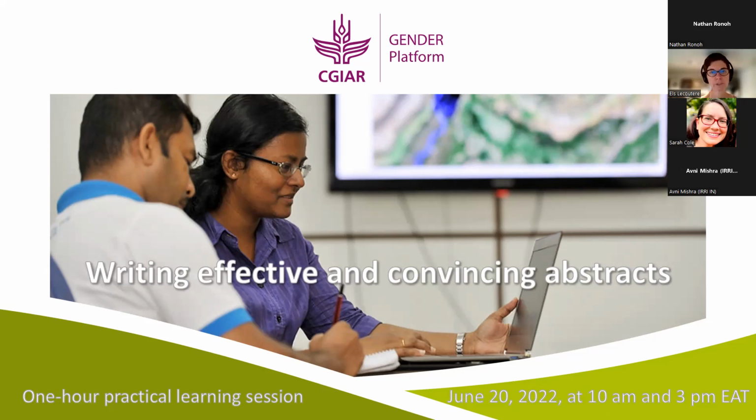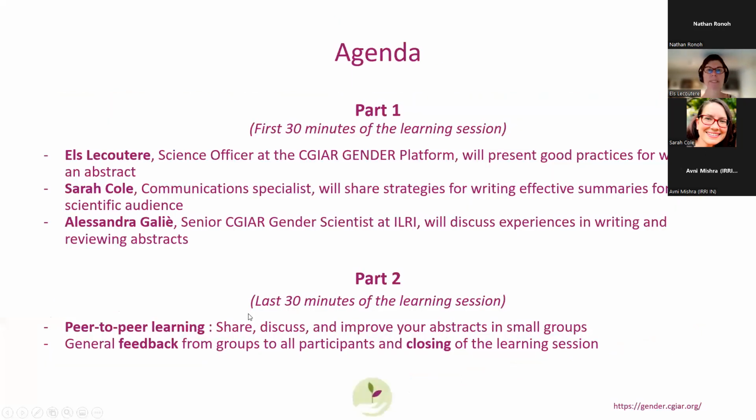So what we're going to do in the session: our agenda for today, in the first part, where we'll use 30 minutes, I will first present some good practices for writing an abstract. This is based on what journals give us as guidelines.